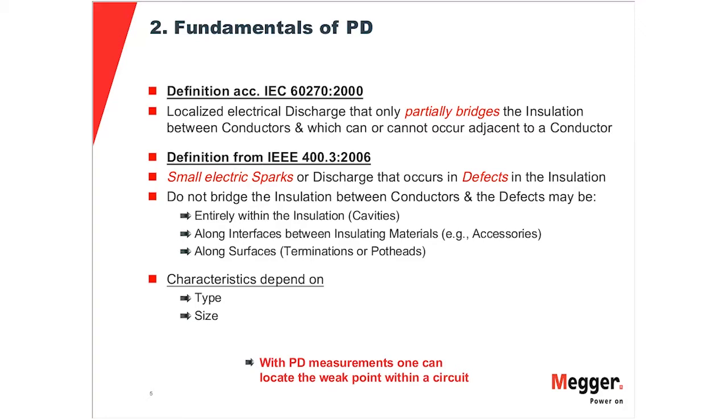There is an explanation of partial discharge, as well as an explanation of partial discharge in the IEEE 400.3-2006 standard. To simplify that and not only read what is written here, I always try to explain partial discharge as an imperfection in the insulation. So that's basically what partial discharge is about, and the technology allows you to find this imperfection before it comes to a fatal breakdown.